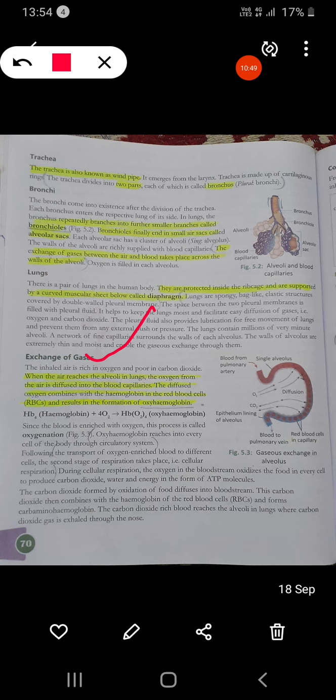Children, oxyhemoglobin reaches each and every cell of our body. That's why it is known as cellular respiration. Children, after the exchange of gases, there will be the second stage, that is the cellular respiration. Children, you have to read this whole paragraph. This is so important.